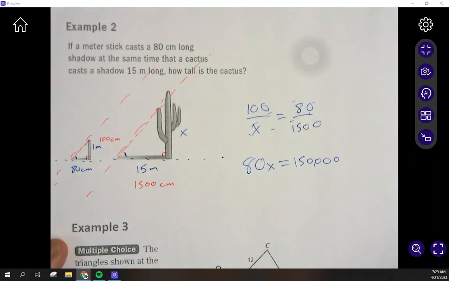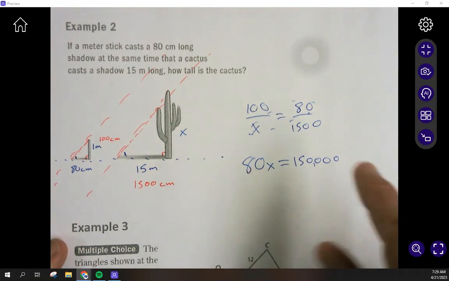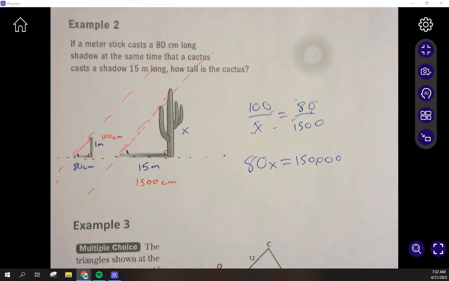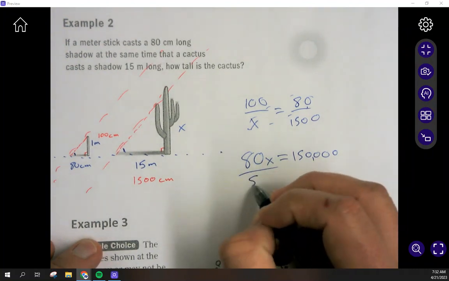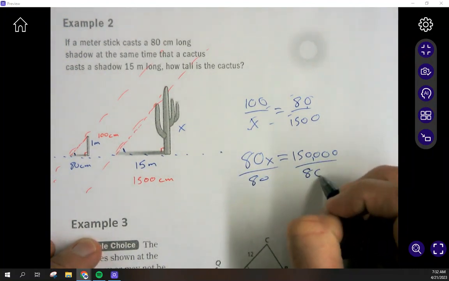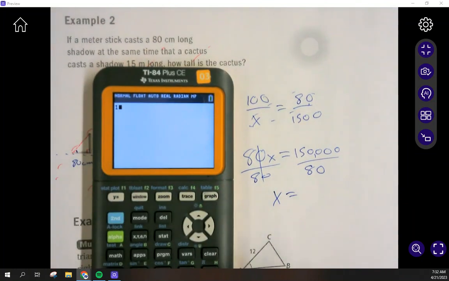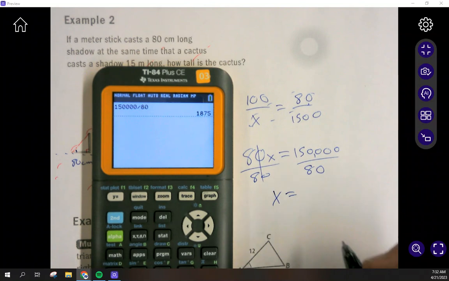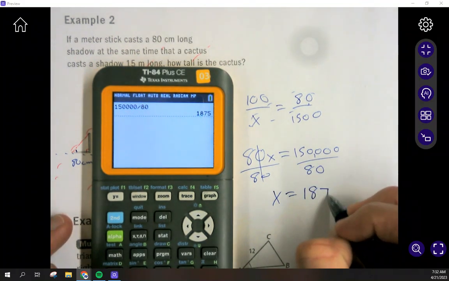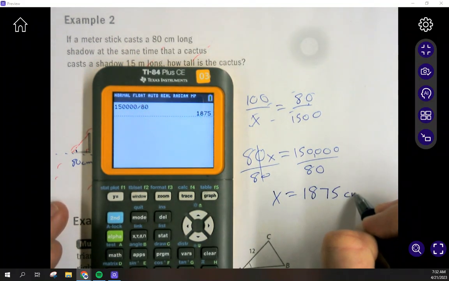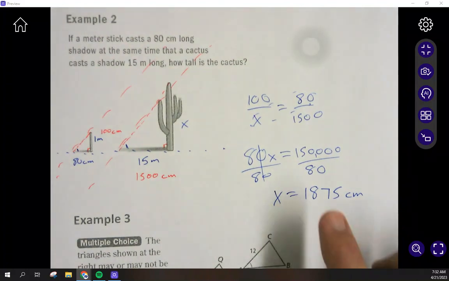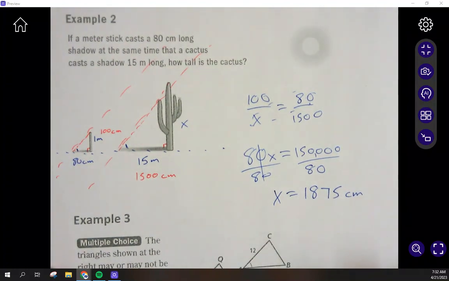So that's 150,000. Then we're going to divide by 80 on both sides. So we're going to do 150,000 divided by 80, that's 1875. Now that's in centimeters. So the cactus is 1,875 centimeters tall.